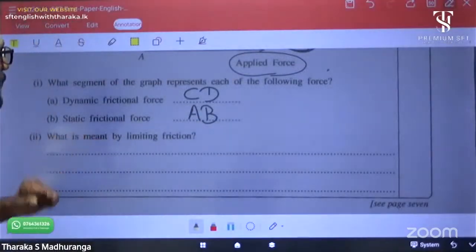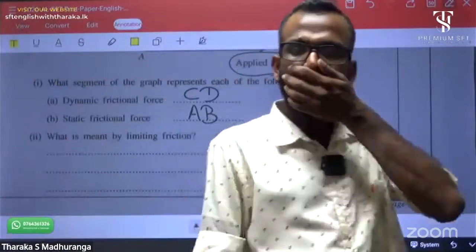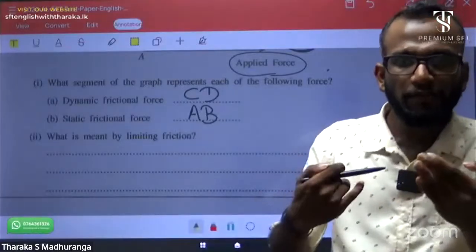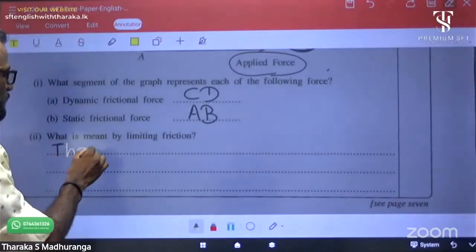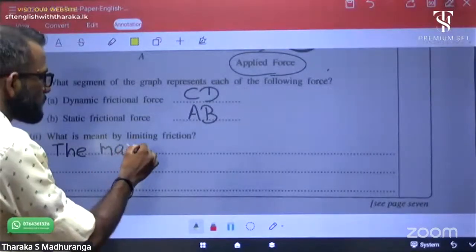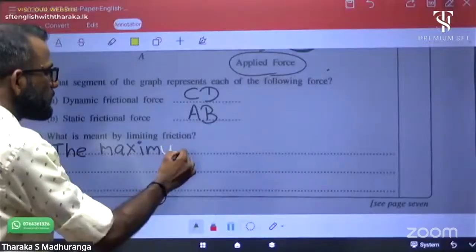What is meant by limiting friction force? How can we define it? The maximum friction force. This word maximum is compulsory.